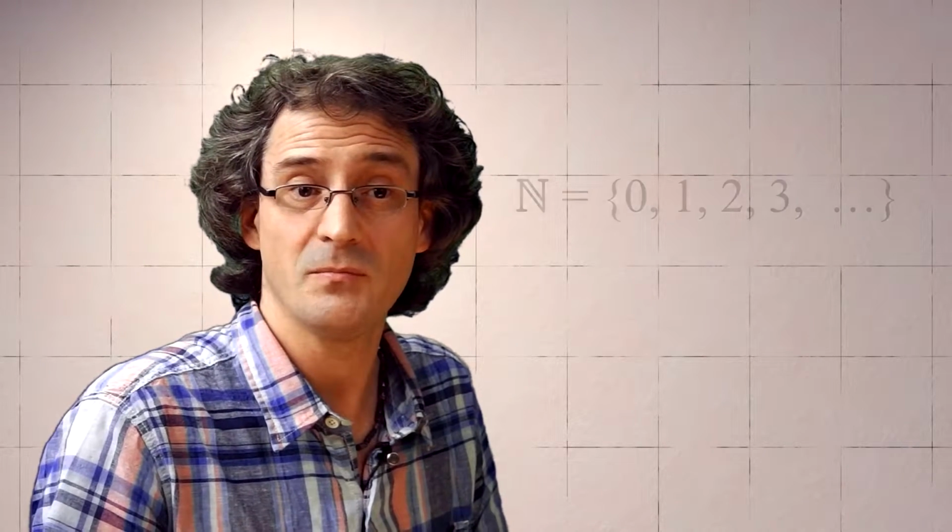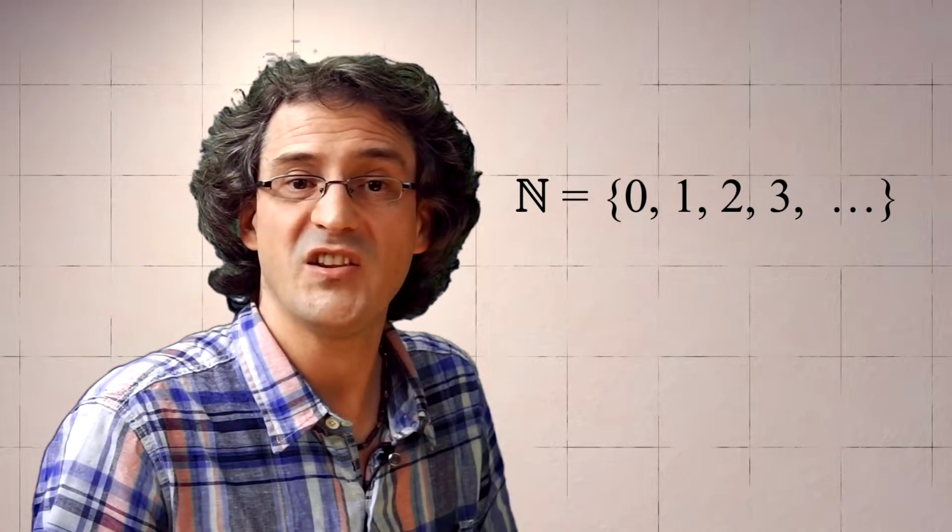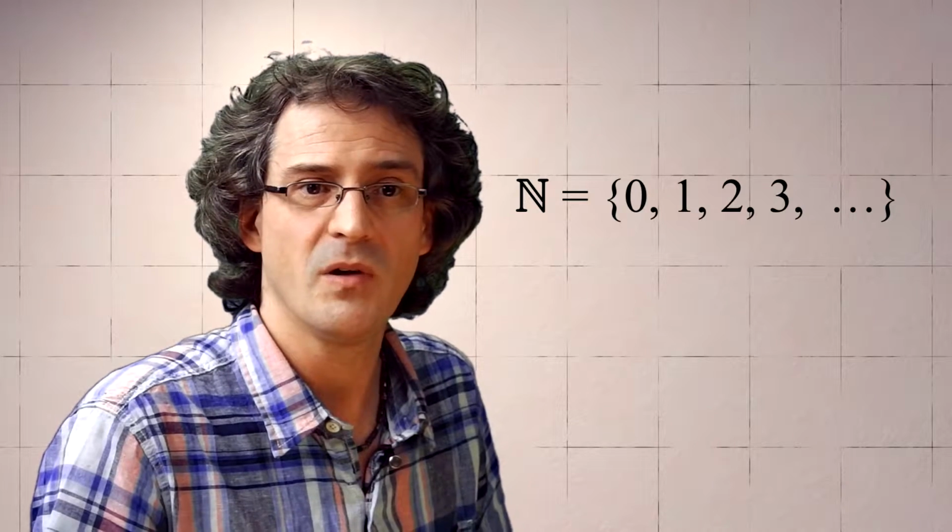One example is the set of natural numbers, which in mathematical logic are the non-negative integers and is usually denoted by the double-struck capital N, or in curly brackets showing the first few elements in ascending order, followed by an ellipsis. Another example would be the set of axioms of a formal system, which I will detail in a later video. I shall also refer to the concept of a subset.